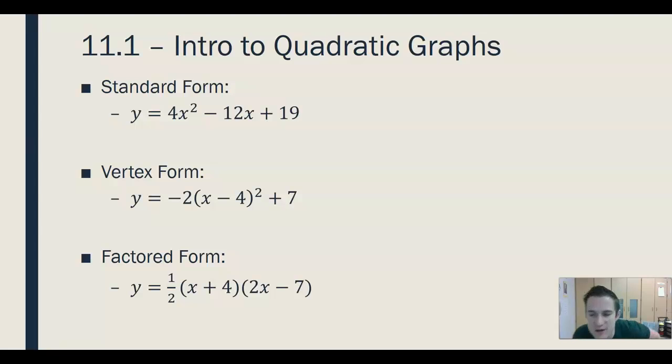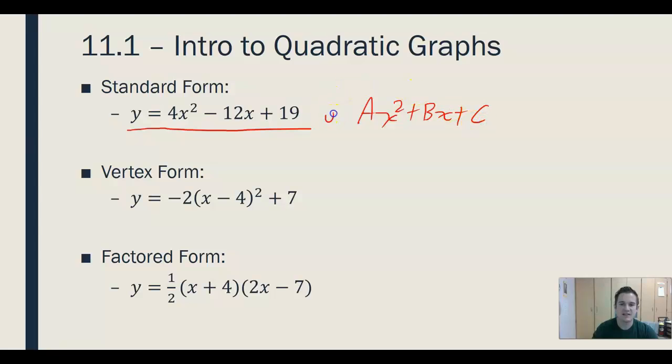So, in the very first lesson, we started by talking about different forms that quadratic functions can be written in. We have standard form, which looks something like this, ax squared plus bx plus c. That's the form that we often see quadratic functions written in because it's the most simplified form. We also talked about vertex form.